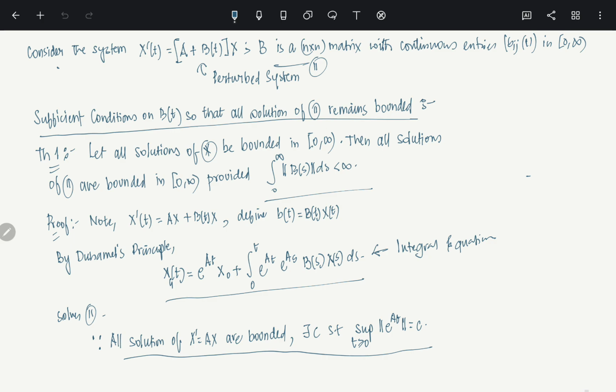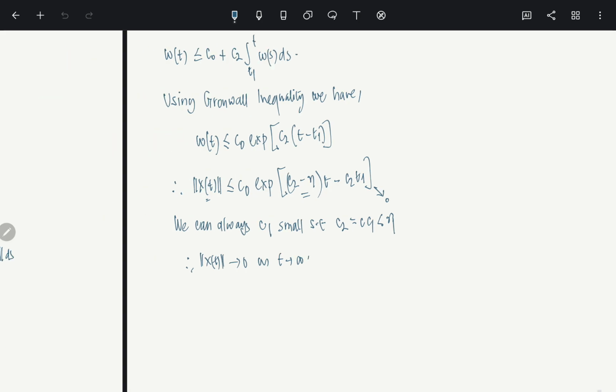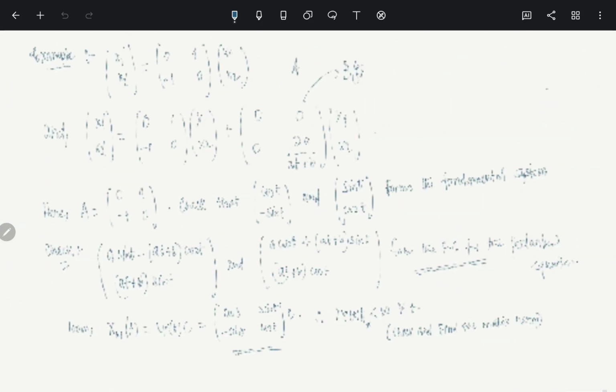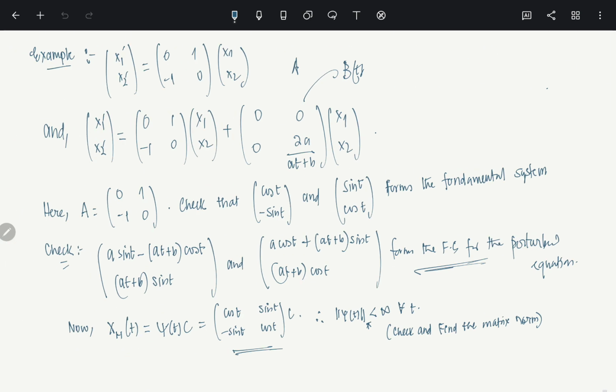Then the solutions will be bounded provided the integral from 0 to infinity of the norm of B(s) ds is bounded. But in this case, what is happening is this. For the homogeneous problem, solutions are bounded, no problem.